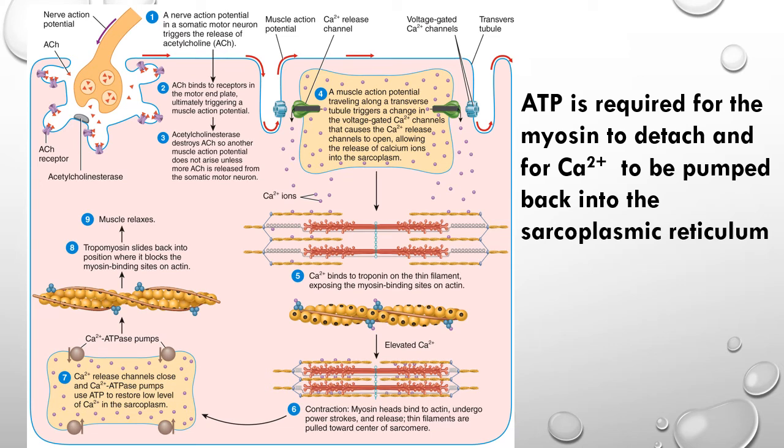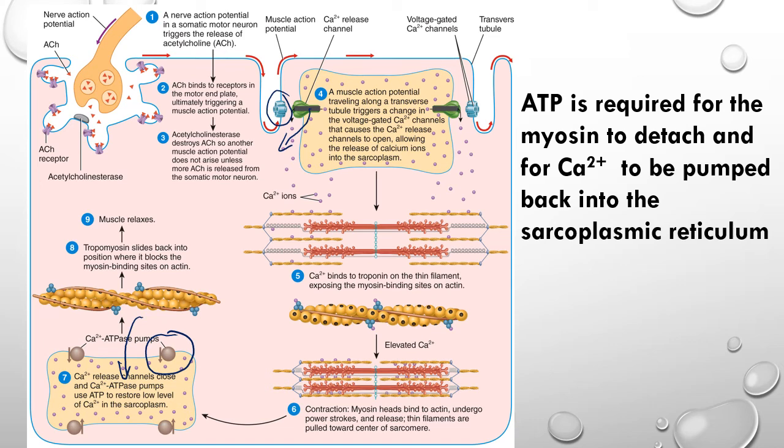And so calcium pumps over here are required to get the calcium out of the sarcoplasm and back into the sarcoplasmic reticulum. So we started out with voltage-gated calcium channels. Those voltage-gated calcium channels opened up our calcium release channel, and calcium started to leak into the inside of the cell.